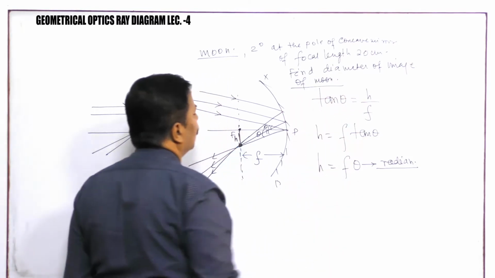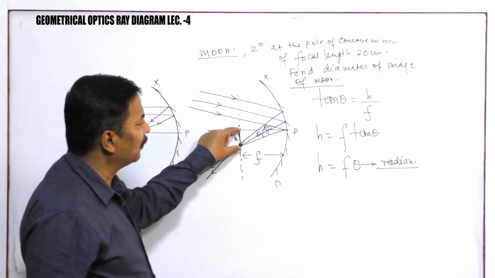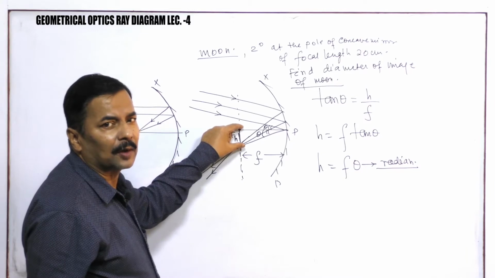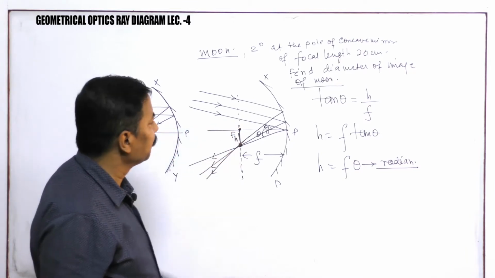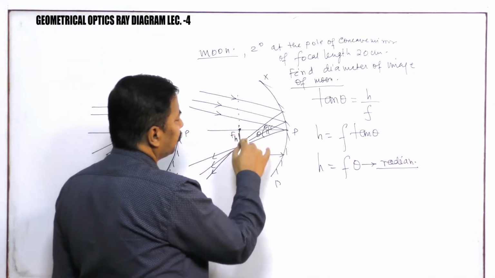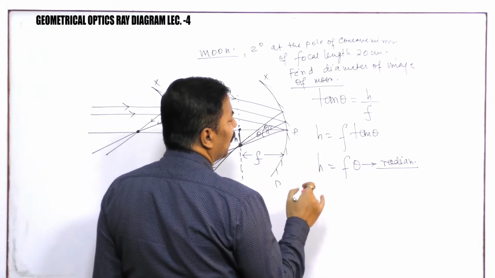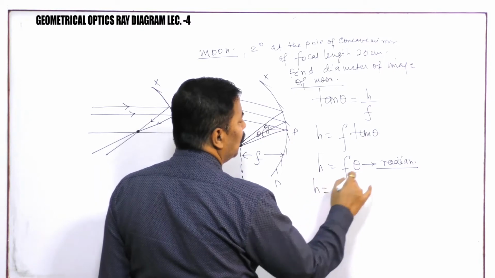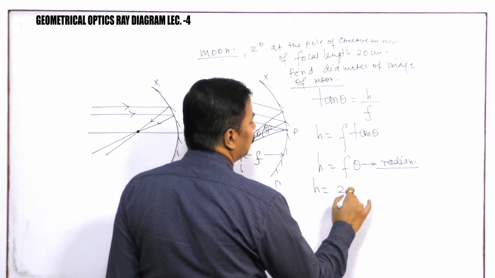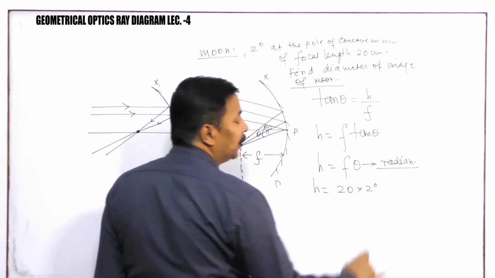In this situation, if we want to find this diameter, this will represent the diameter of the moon. Moon will be here only. So if we want the diameter of the image, h is equal to f theta. F is 20, theta is your 2 degree.